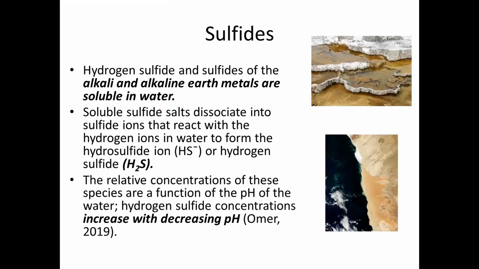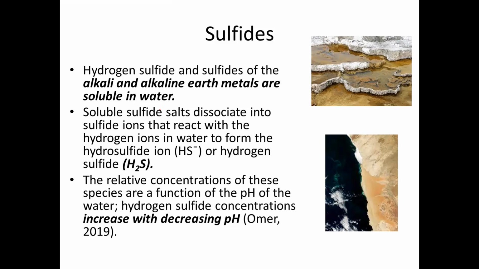The next contaminant would be sulfides. Hydrogen sulfide and sulfides of the alkali and alkaline earth metals are soluble in water. Soluble sulfide salts dissociate into sulfide ions that react with the hydrogen ions in water to form the hydrosulfide ion or hydrogen sulfide.